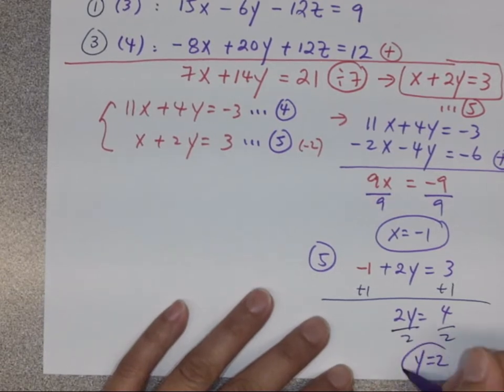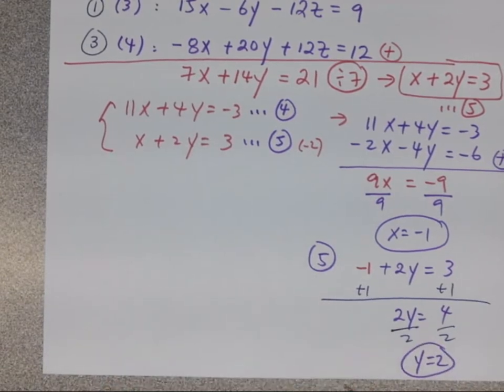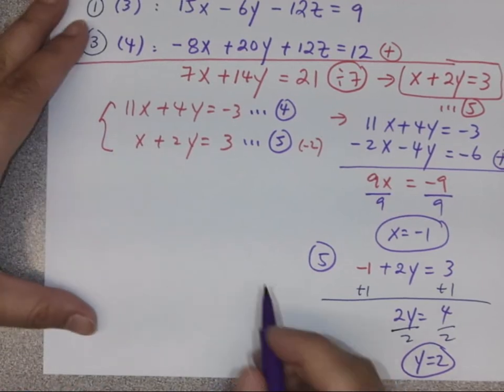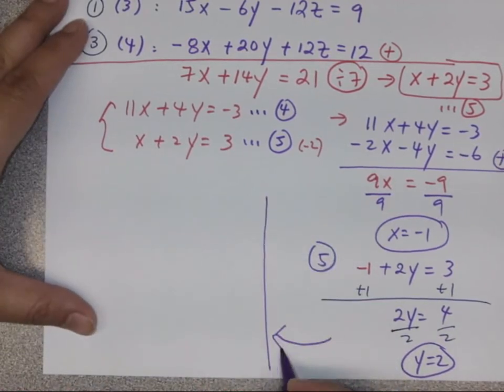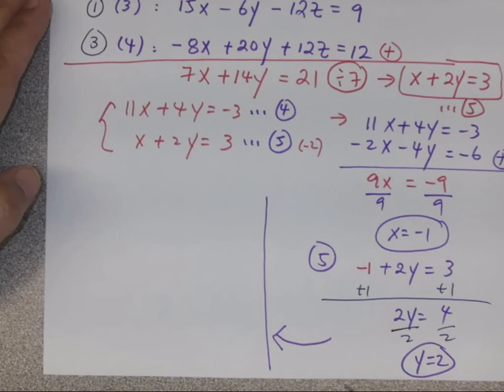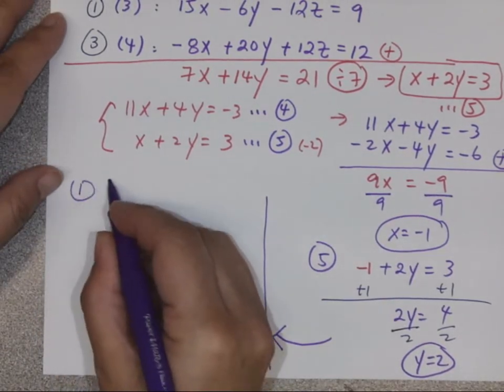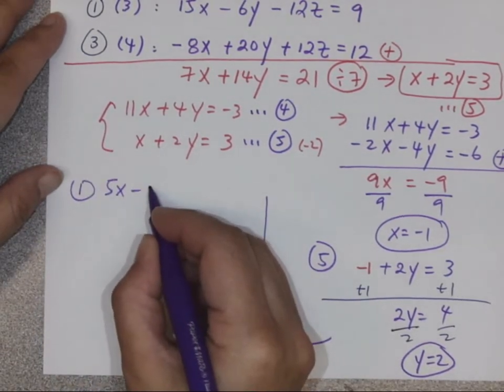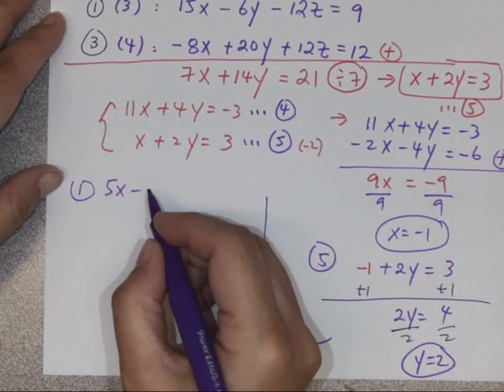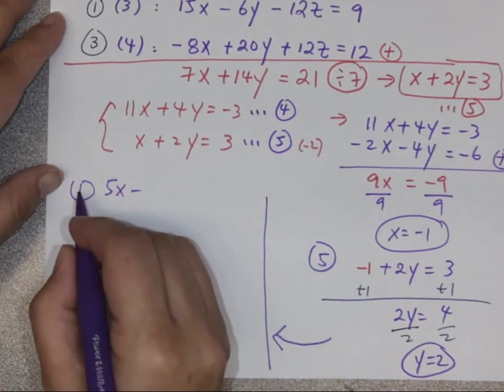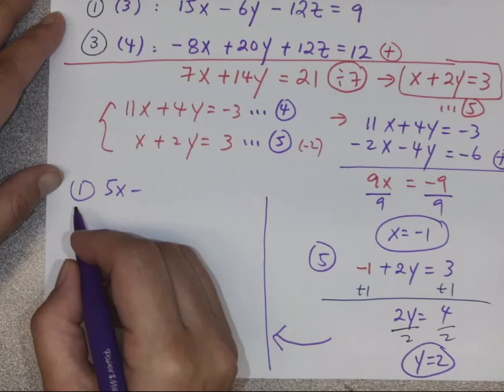So almost done, right? We got x and y, so next we need to find z, right? How do we find z? Plug it into where? One of the top equations with all three variables, right? Pick one. Okay, you want equation 1, 5x minus... You want the second one? It's just because I already did it, my bad. Okay. Anybody else want equation 2?